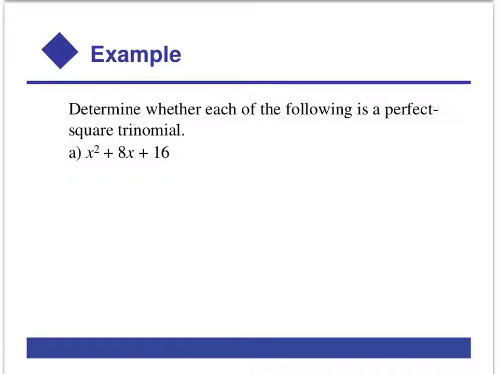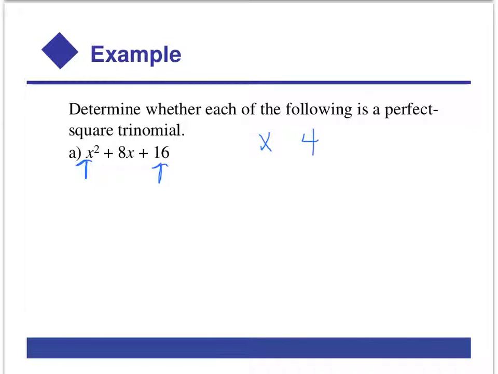Alright, so this one says to determine whether each of the following is a perfect square trinomial. First, can you take the square root of x squared? Yes, that would be x. Can you take the square root of 16? Yes, that would be 4.